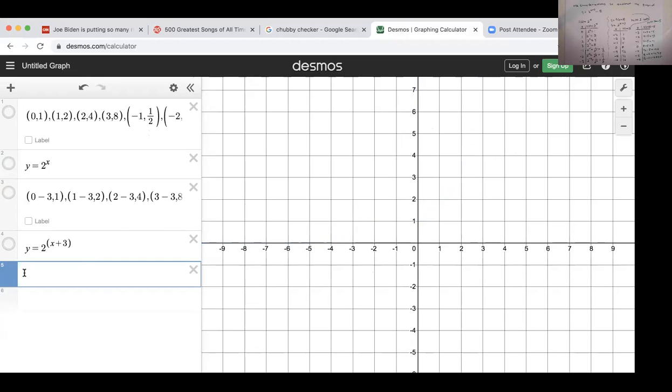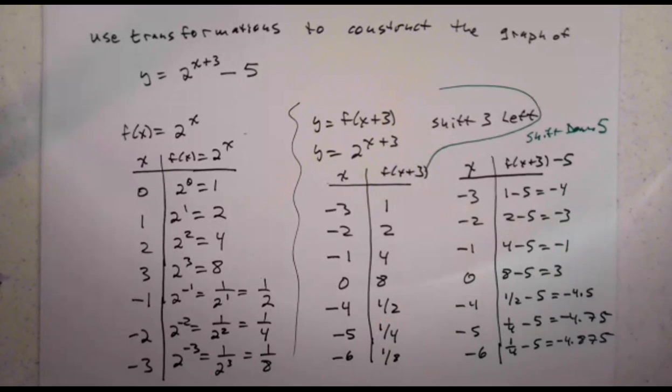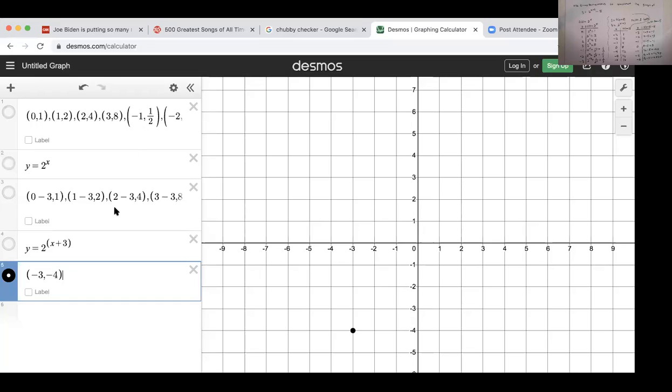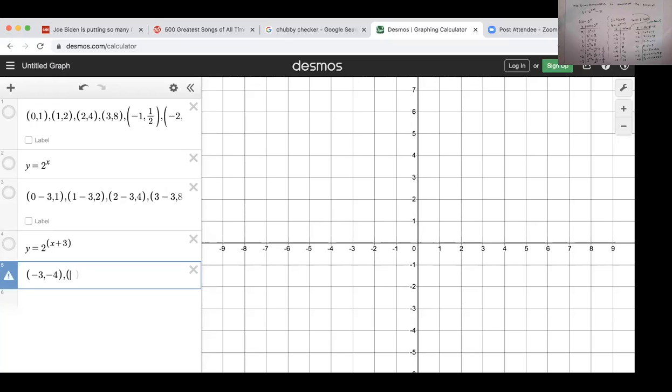So we had negative 3, negative 4 was our first point, which you can see here, right? Negative 3, negative 4. Our next one is negative 2, negative 3. Our next one is negative 1, negative 1.